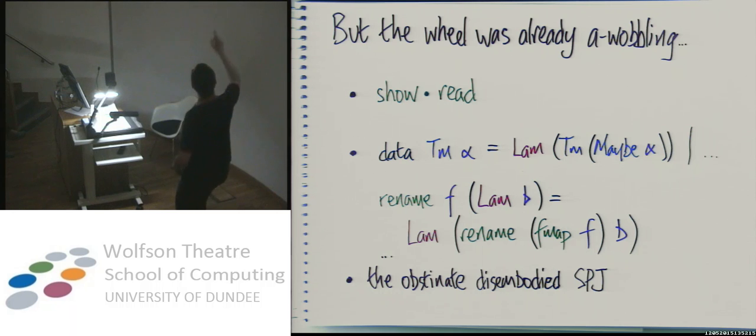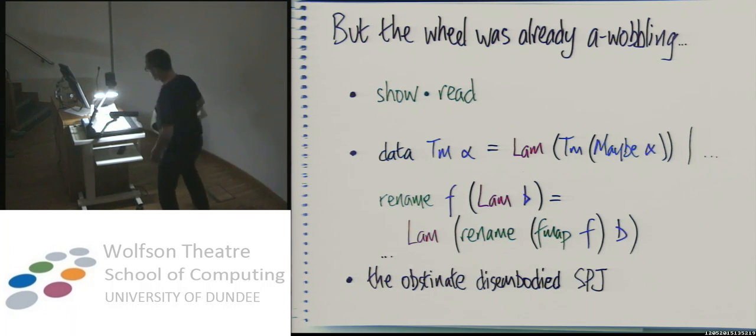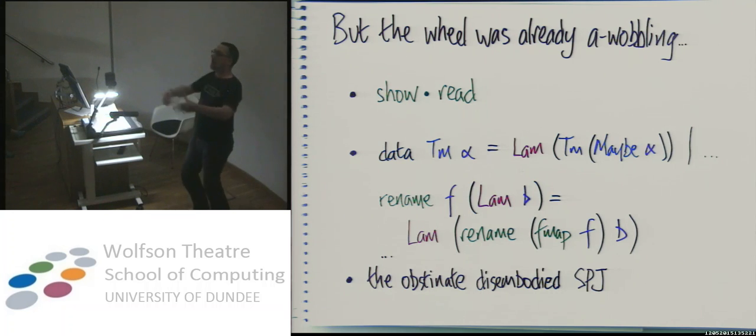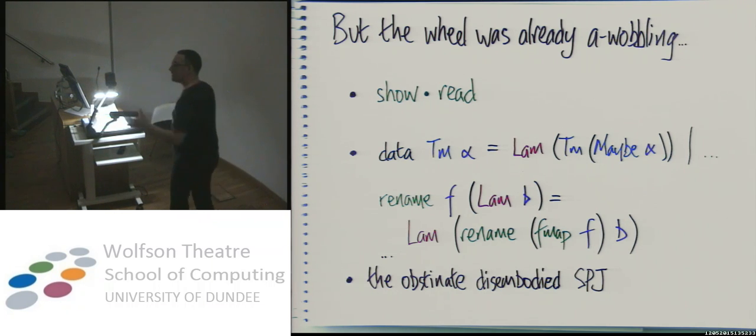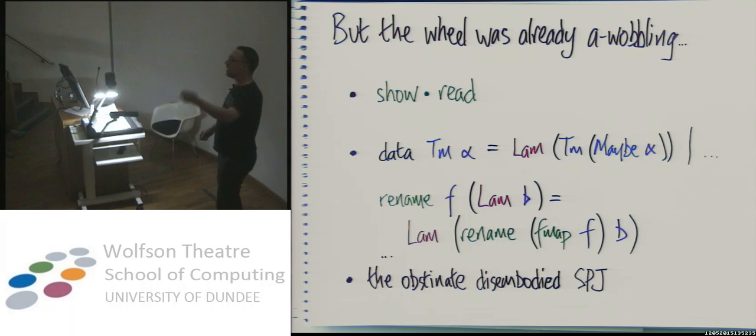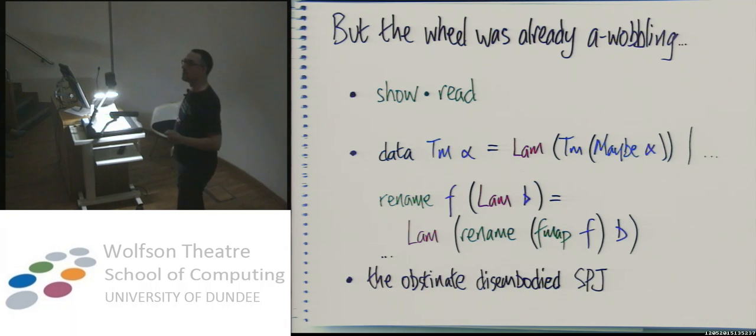But the point is that the recursive call to rename is being made at maybe of whatever the alpha parameter was before. And crucially, the deal with definitions is that you assume a uniform type for the thing you're defining.